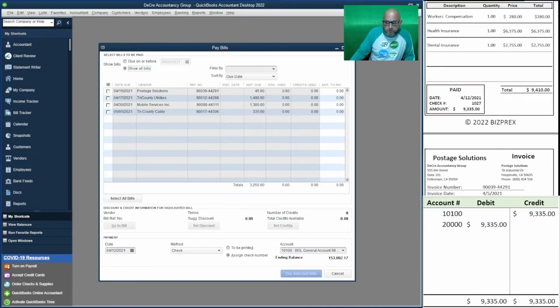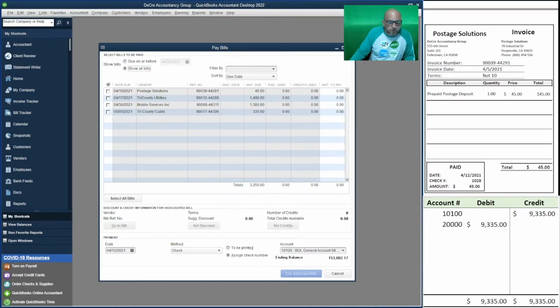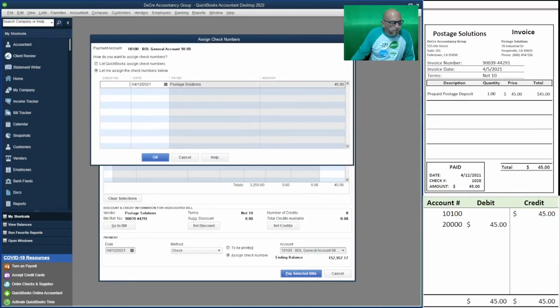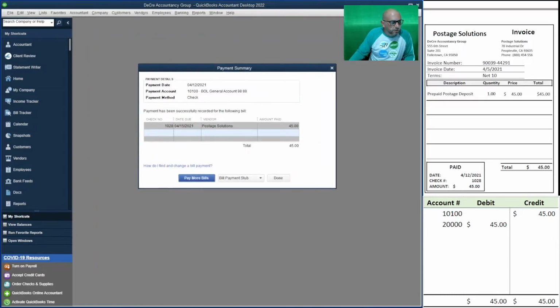We have postage solutions. Here it is. 412 check. Let's assign. Again, the only thing that changes from now on is the amount. Kind of covered that. Let's go do that. Check number 1028. Okay, here it is, 45 right here, right? What is it? It's credit to 10,100, and it is a debit to 20,000.